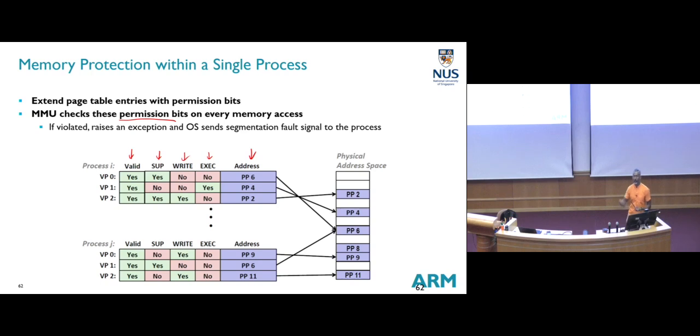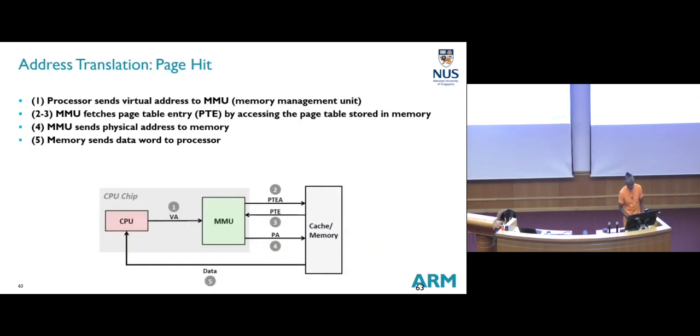So does it have write access, does it have execute access, and so on. There can be additional permission bits that the MMU can help to manage for us to see whether these memory regions are accessible to a particular process or not.